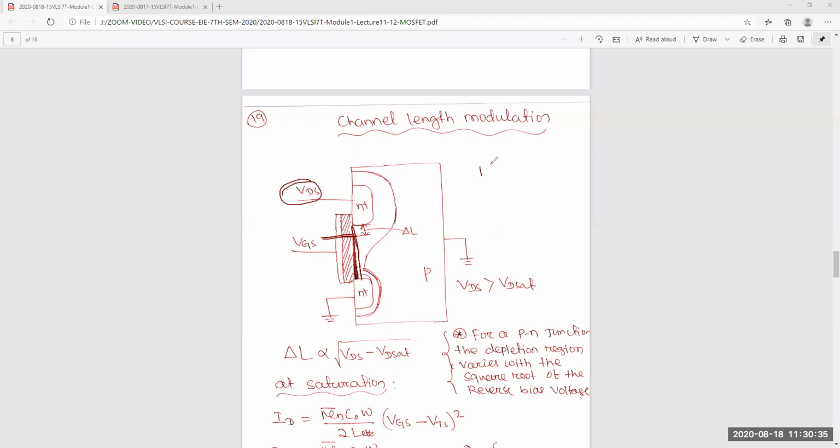When ID is equal to VD sat by R average, whatever voltage dropped in this region where it is 0, that voltage by that resistance we are calculating. But you are saying in this region the resistance will be very high, where the charge is not present.